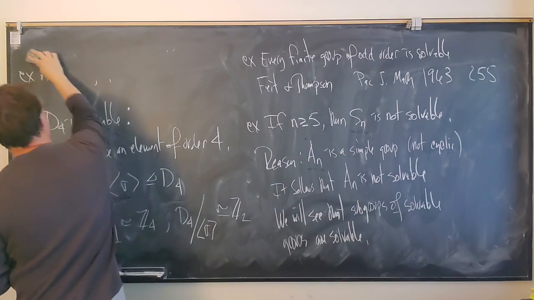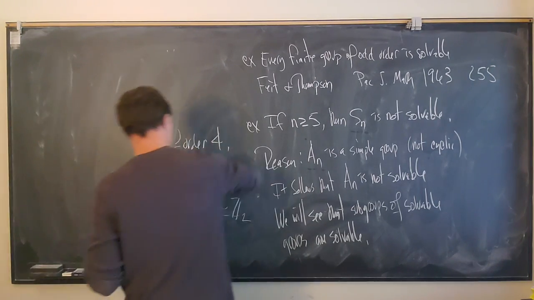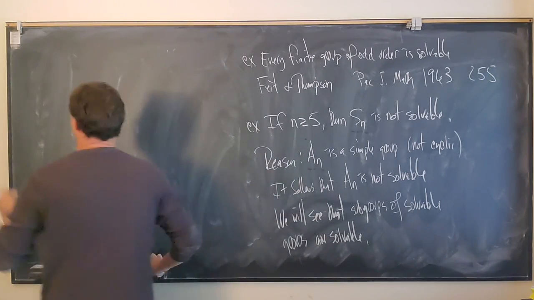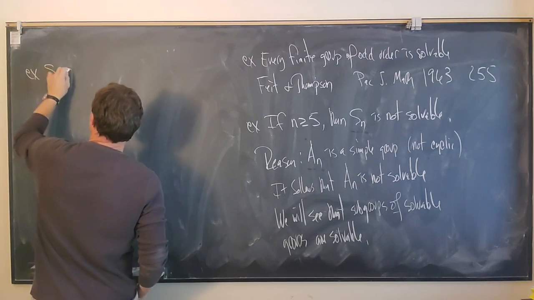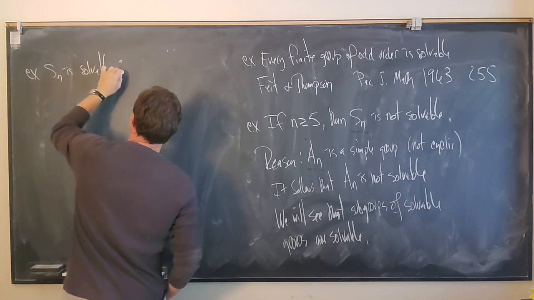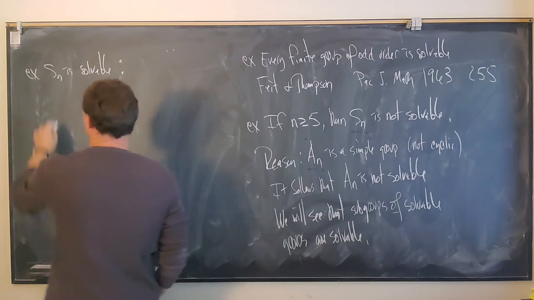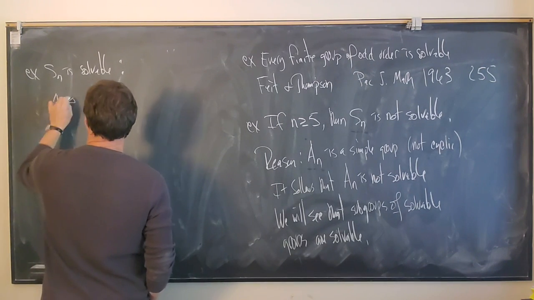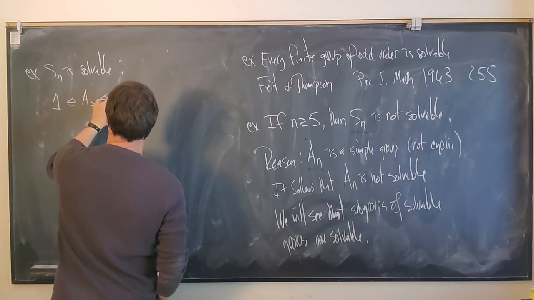It turns out that both S3 and S4 are solvable. So S3 is solvable. Why is that? 1 is a normal subgroup of A3, which is a normal subgroup of S3.